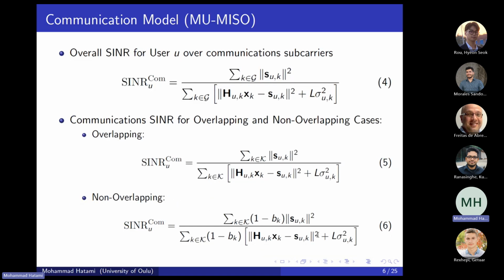Therefore, we can calculate the overall SINR for each user over all communication subcarriers as given by 4. And for each subcarrier allocation strategy, we can calculate this SINR as given by 5 and 6 here. In 5, for the overlapping scheme, since we use all the subcarriers for the communications, we do this summation over all the carriers.